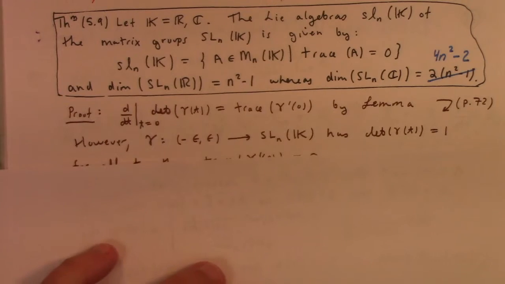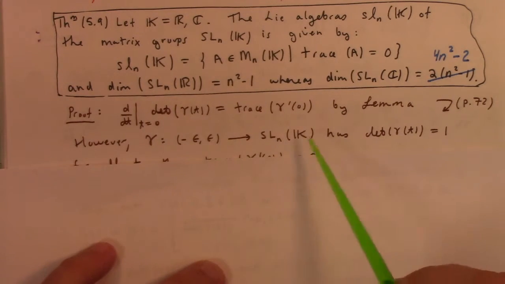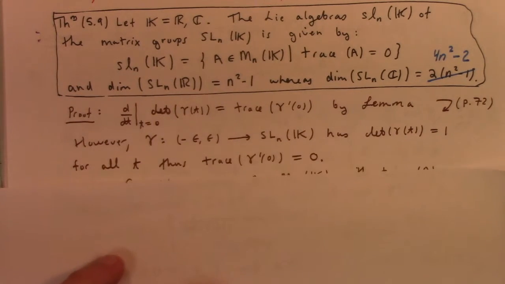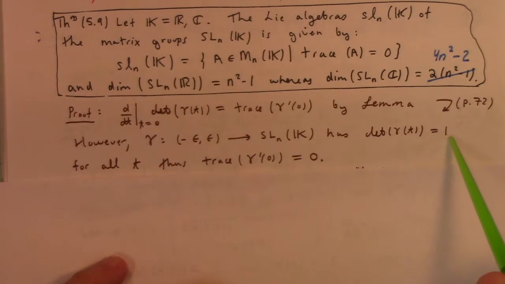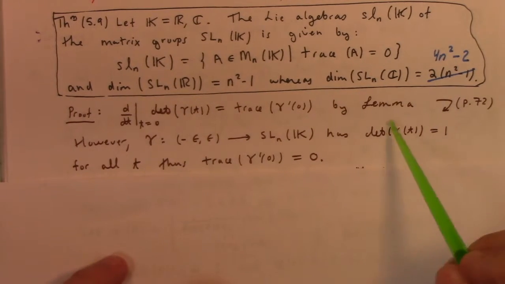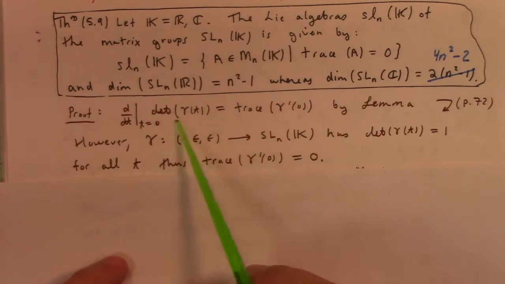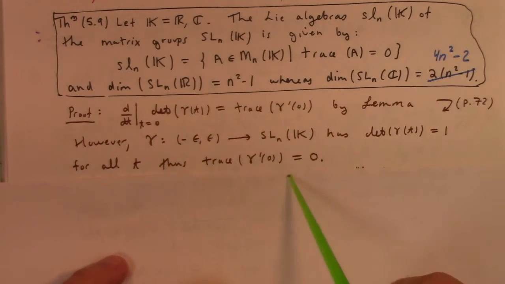So if you have that, you can construct this curve into SLNK as follows. Because, to get more to the point, the determinant is fixed to be 1, right? So this derivative works out to 0, which then gives us that the trace is 0. And there you have it, the traceless condition for the Lie algebra of big SLN. All right.